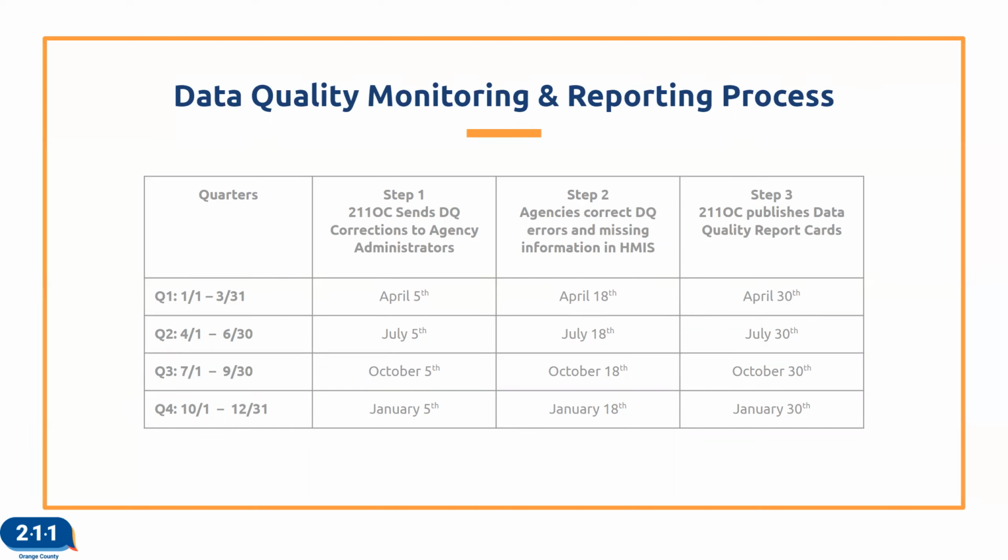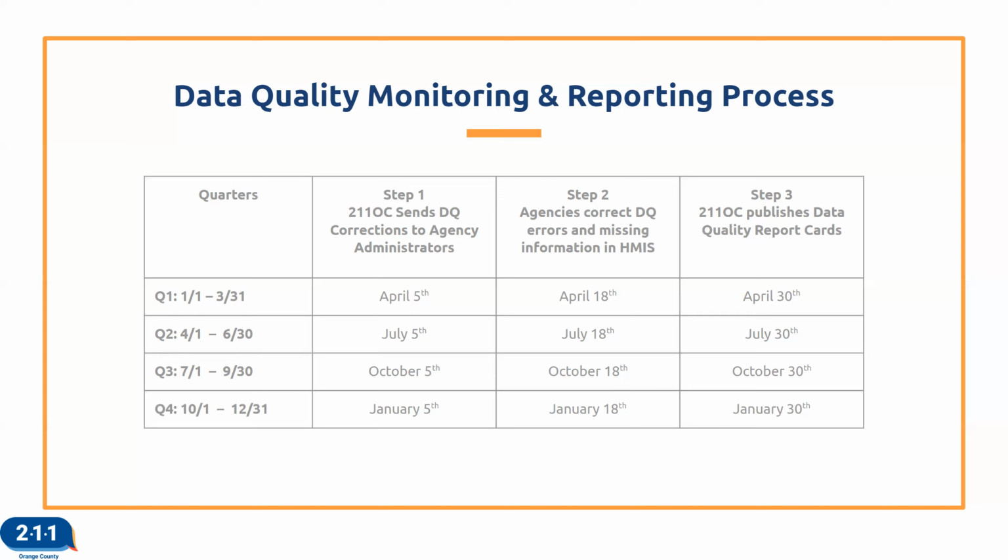So the next section of the data quality plan is just an overview of our data quality monitoring and reporting process. This is referring to the quarterly report cards that we publish, and is something that we've been doing for a while now. It's just formalizing the process and making sure it's written down. So this is really the process for getting the report cards published.